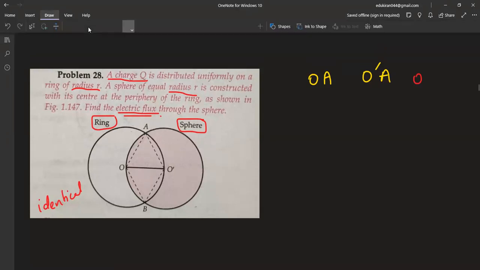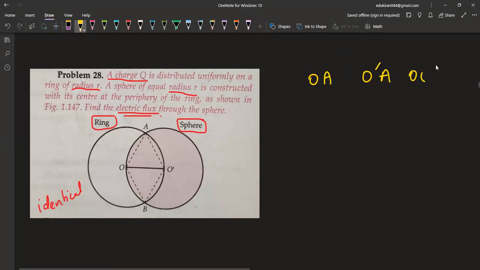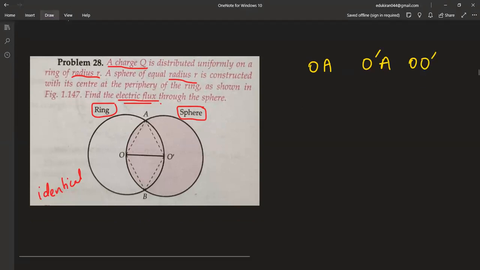You can include O dash also. But let me know what these three are. OA, O dash A, O dash. No one? Austin, anything if you have to answer.